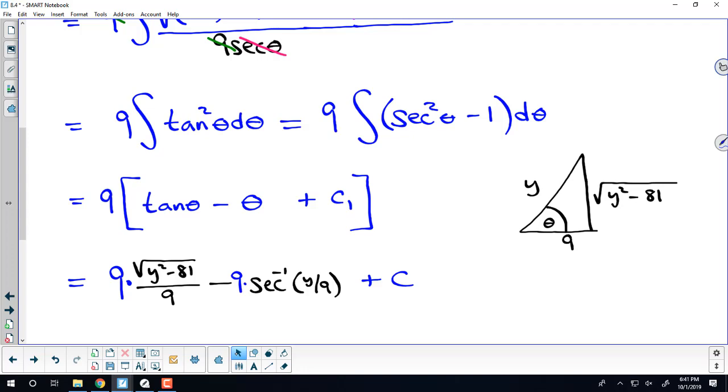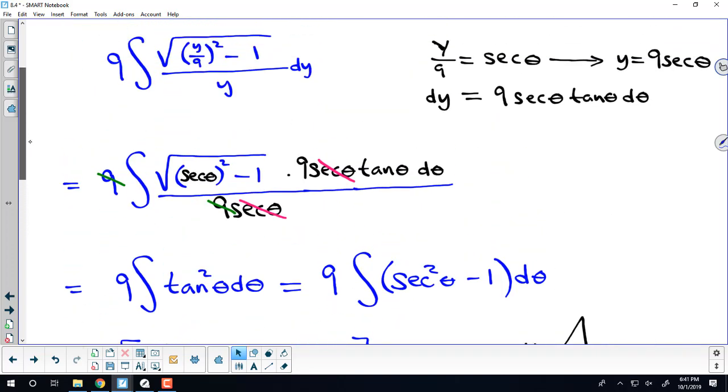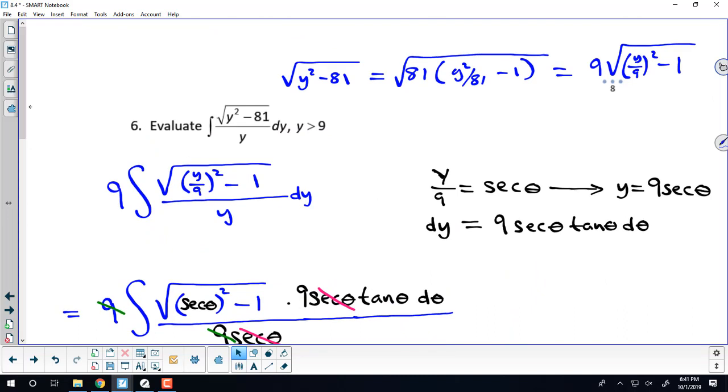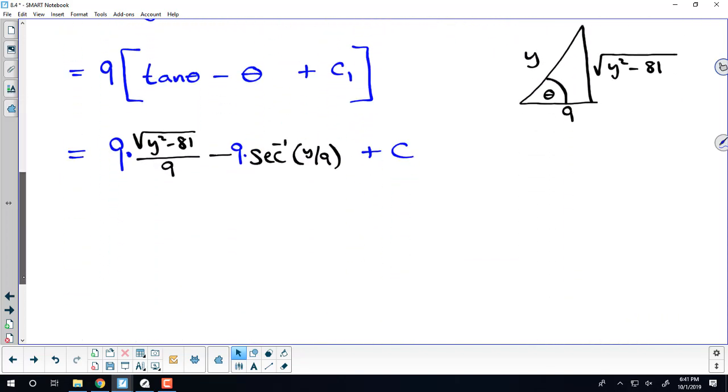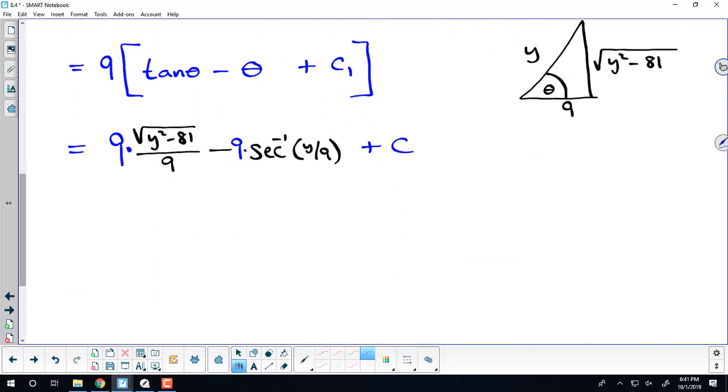I forget, why did the theta become the inverse secant? So theta was the inverse secant because secant of theta was y over 9, so we just take the inverse of both sides. Okay, clean that up. Call it good.